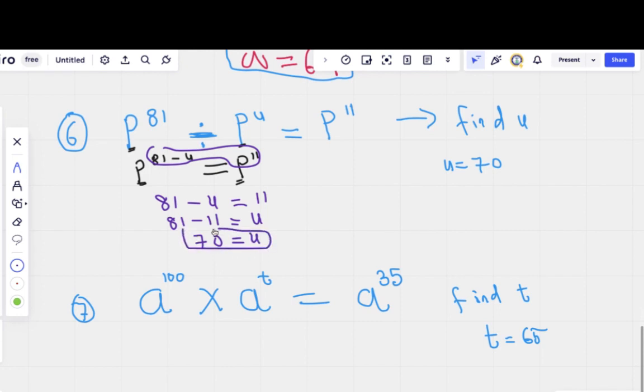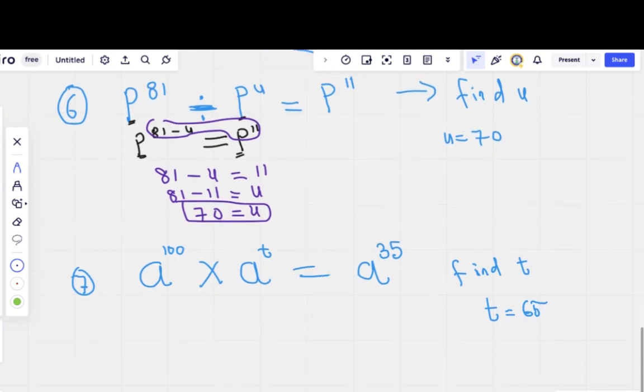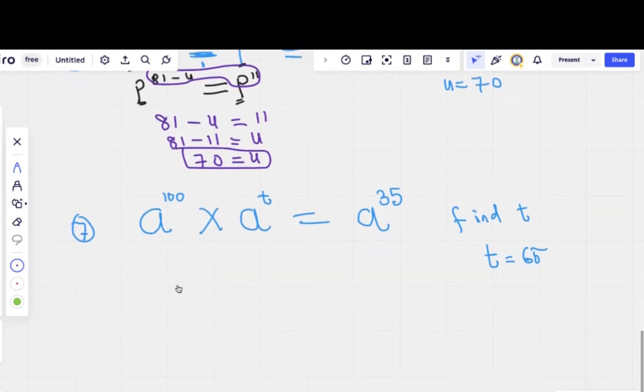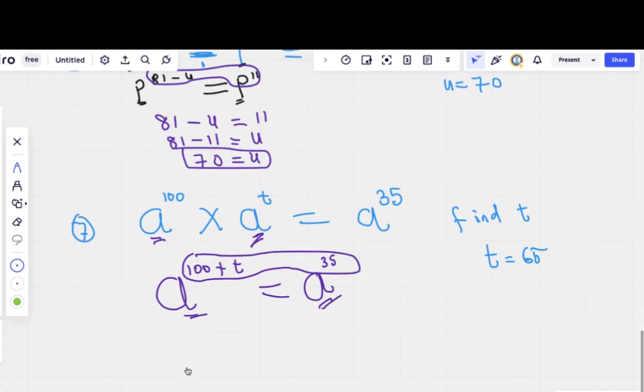Okay, that's correct. Now let's find out about the second one. The second one is A and A, they are same base. And it's multiplication, so we add the power. So you say 100 plus T is equal to A to the power of 35. So find T. Since again they are same base, we equate the power.